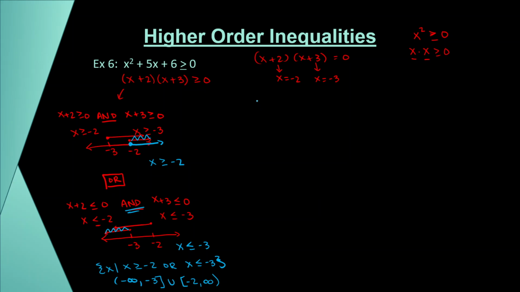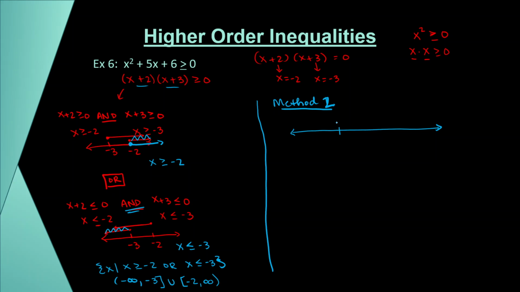Now, there is an alternate method, okay? And method 2, the method 1 was very algebraic in nature. And regardless of how many factors you have, you can set up all these ands and ors. But method 2 is going to look at it a little more visually. We're going to set up a kind of chart.